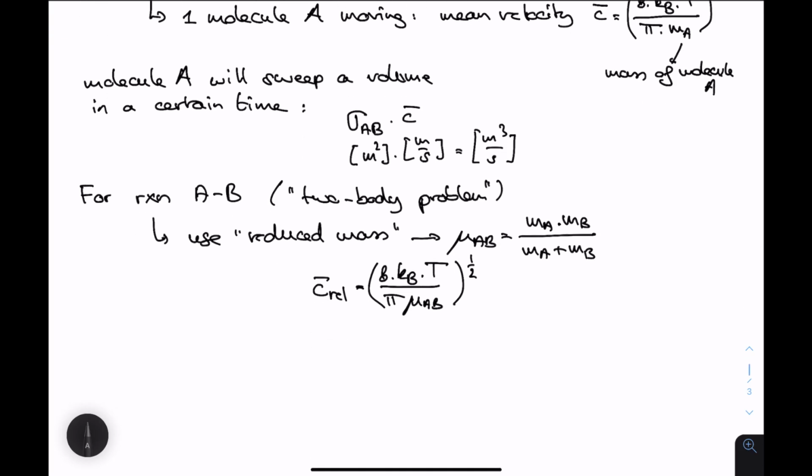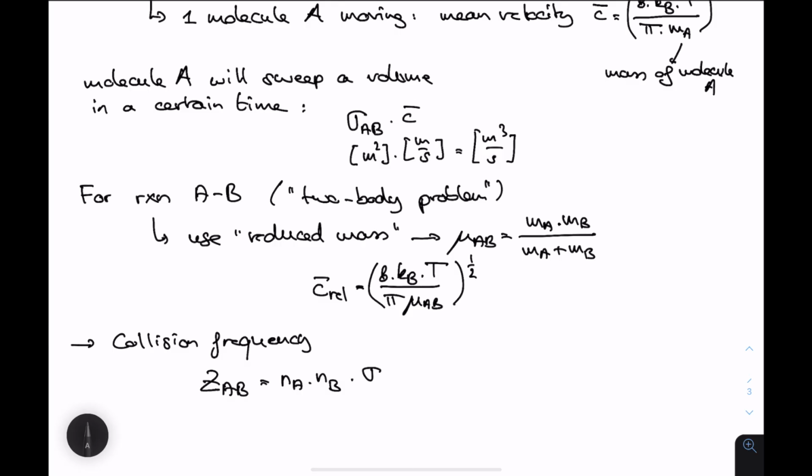Let's now come to the collision frequency, which is Z AB. It is N_A times N_B times sigma AB times this thing, 8 k_B T over pi mu AB to the power half, where N is the number density.